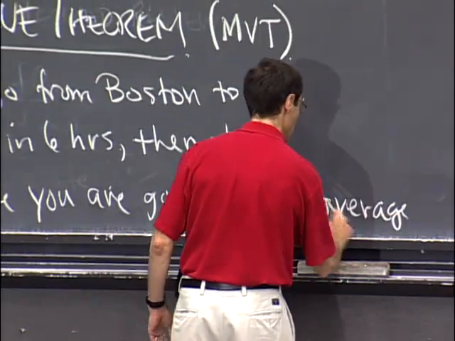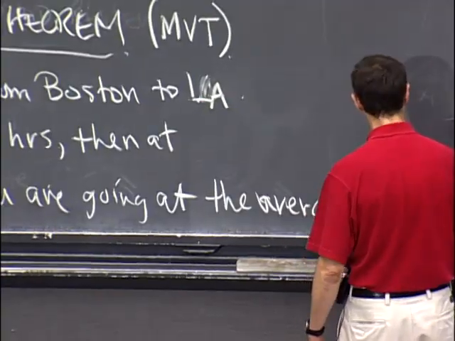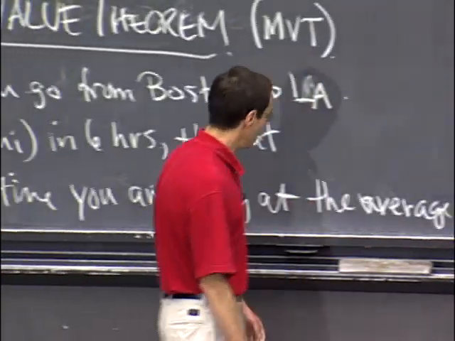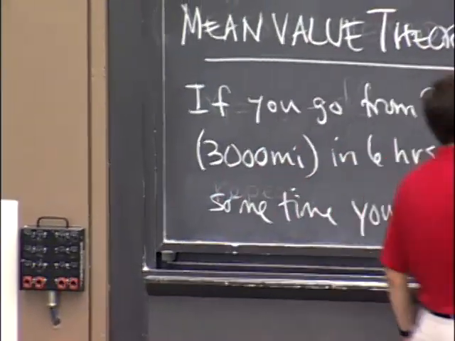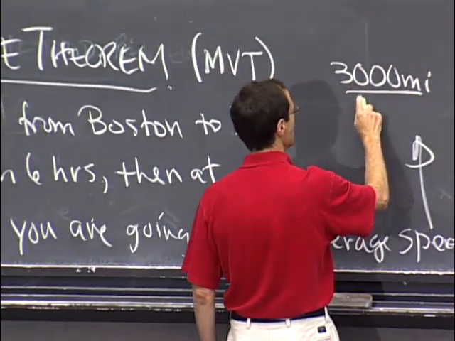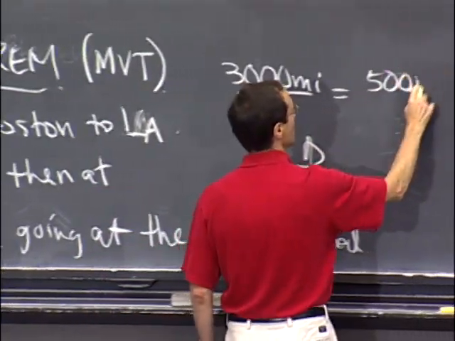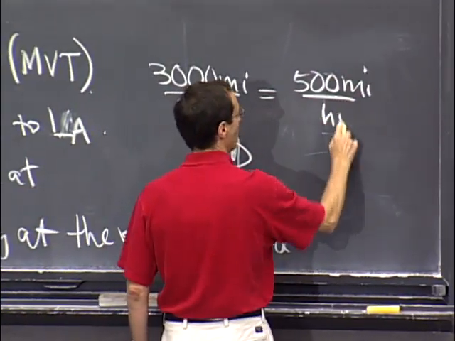So speed, which in this case is what? So we're going at the average speed. That's 3,000 miles divided by 6 hours. So that's 500 miles per hour.